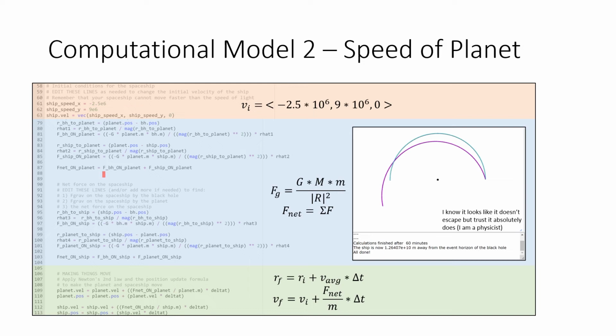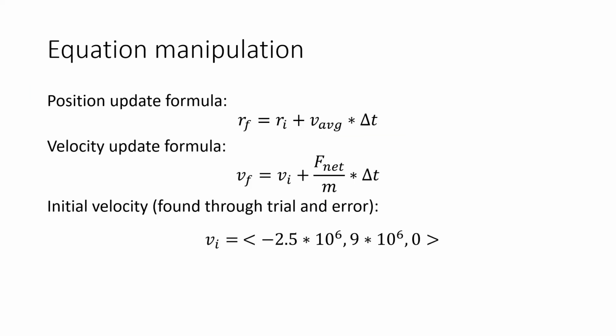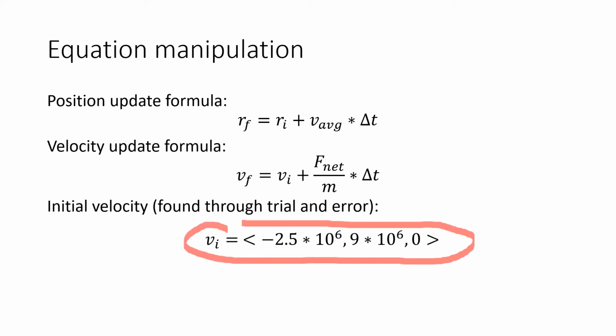So you can see down here the net force equal to the sum of both of these forces. And then in order to model the trajectory of the planet and the ship, we use the position and velocity update formulas, which are determined a bit better here. And so then the initial velocity found by trial and error was determined to be this value in meters per second.